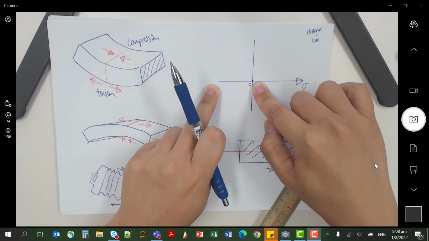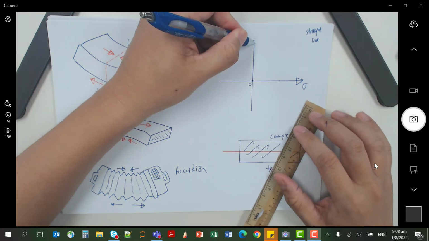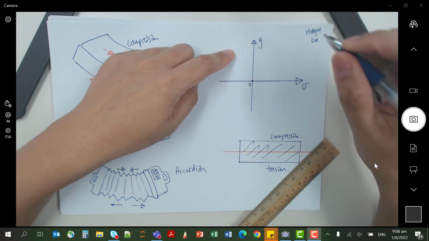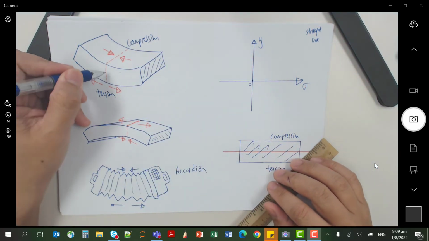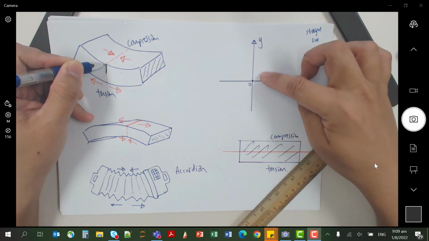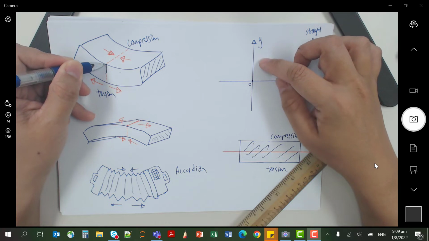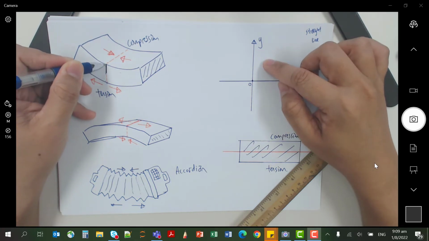All right, and you see that in the diagram that you usually plot, stress is plotted against y. What does y mean? Y means the height, the position, basically from the bottom to the top.